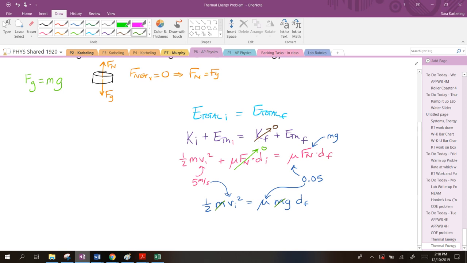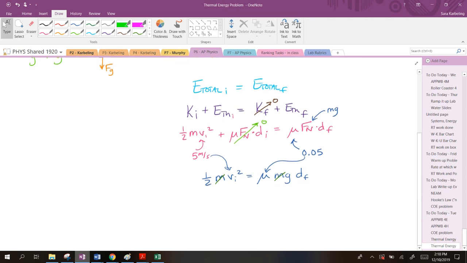Who hasn't talked to me yet? Go, Josh. The velocity is 5 meters per second, so we know the left side of the equation is 12.5. Okay, well, Josh, you skipped a step. How did you go from 5 to 12.5? You square 5 and divide by 2. Okay, so 12.5 is equal to what? 0.05 times 9.8 times how far does it go?